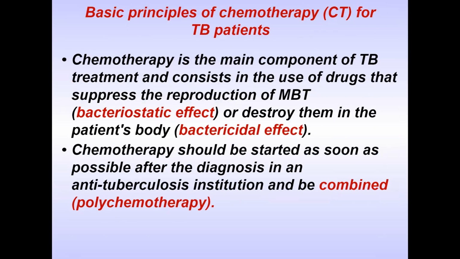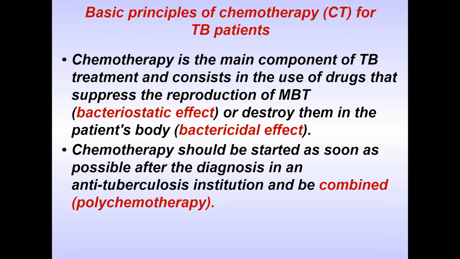Basic principles of chemotherapy. Chemotherapy is the main component of TB treatment and consists in the use of drugs that suppress the reproduction of MBT or destroy them in the body.